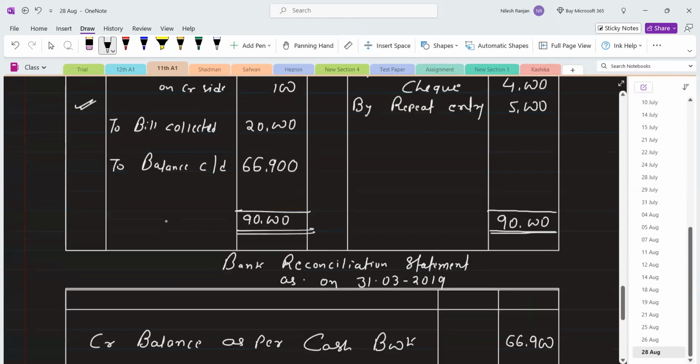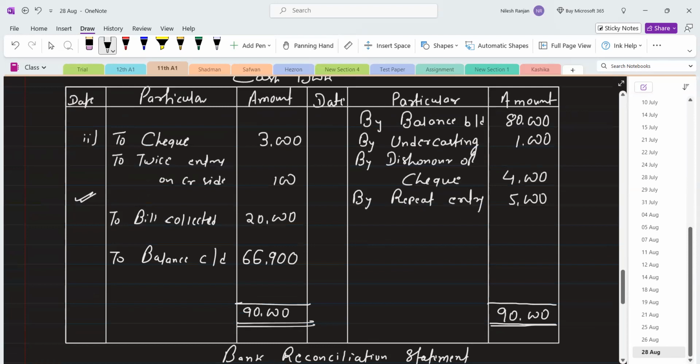Now this solution you need to write so that there will be understanding of these types of questions. Okay. So write it. Actually, there is a closing date given.